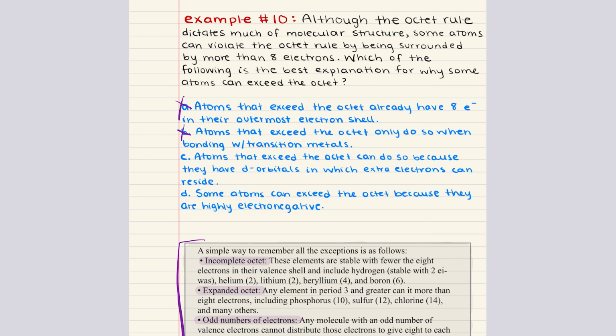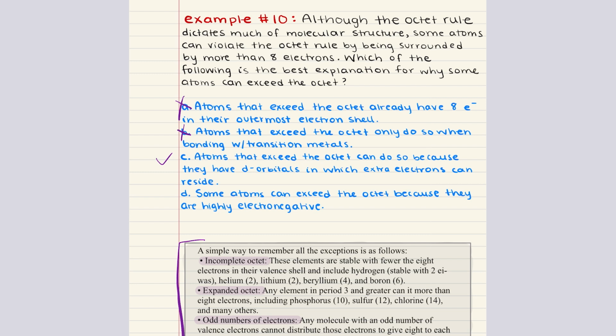C says atoms that exceed the octet do so because they have d orbitals in which extra electrons can reside. Now, this statement is true. Atoms in the 3rd period and beyond have d orbitals that are available in their valence shell, allowing them to accommodate more than 8 electrons. That is the correct statement, but let's read D. D says some atoms can exceed the octet because they are highly electronegative.